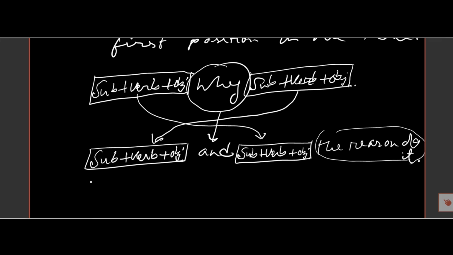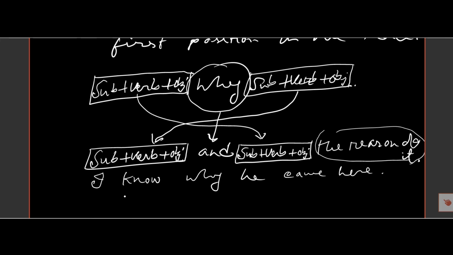So now let's see an example here. I know why he came here. So here is y, and before y there is a part, and after y there is a part.